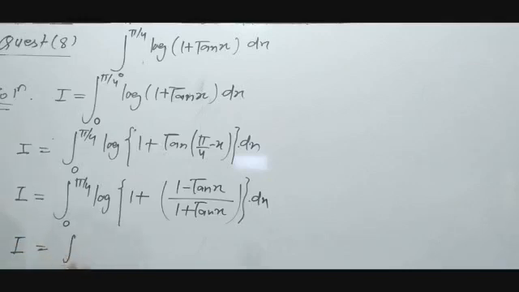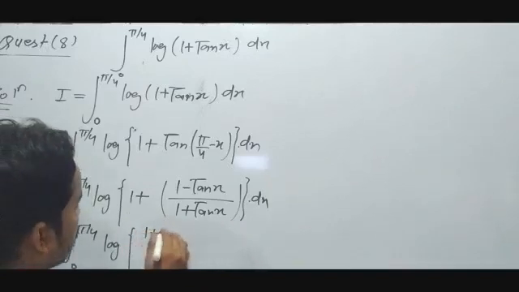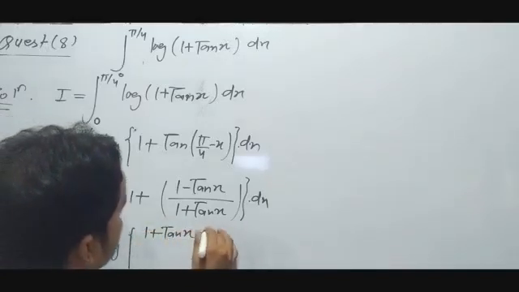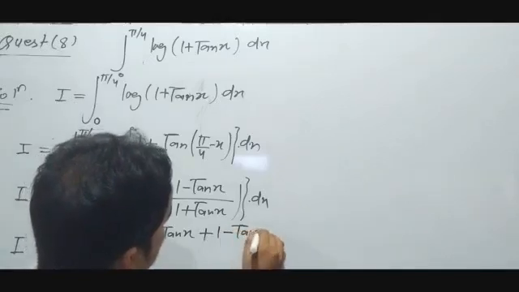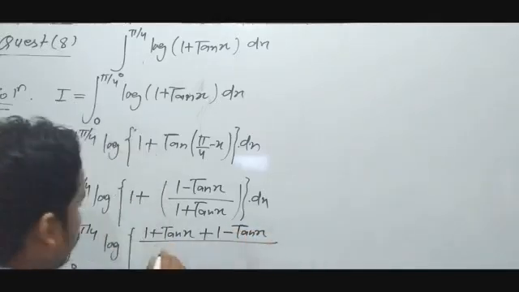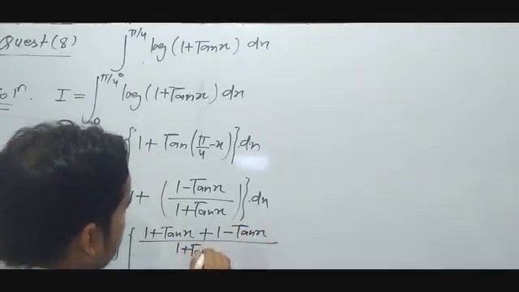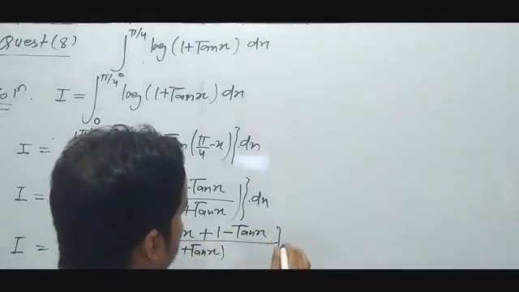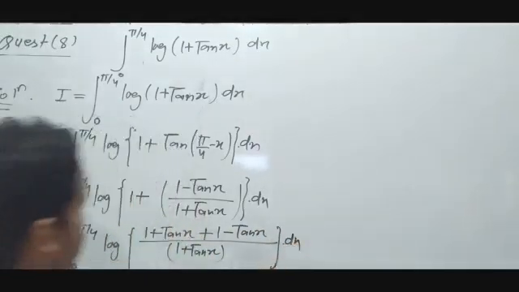Result will be 0 to pi by 4 log of, this calculation will be after taking LCM, means (1 plus tan x plus 1 minus tan x) whole upon (1 plus tan x) dx.